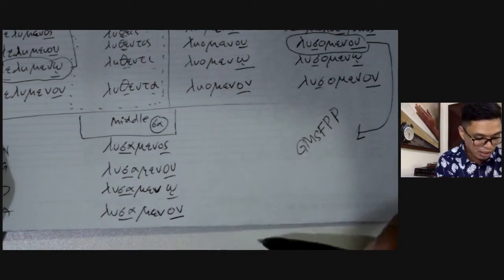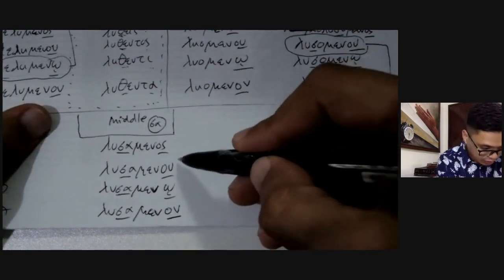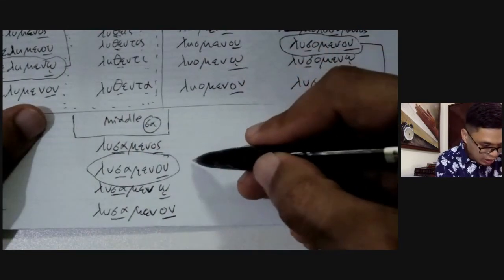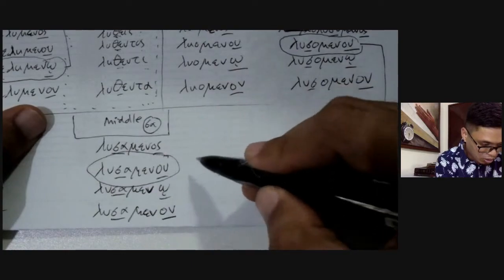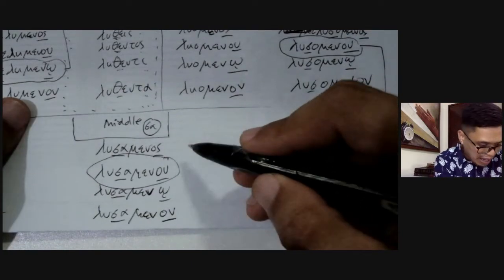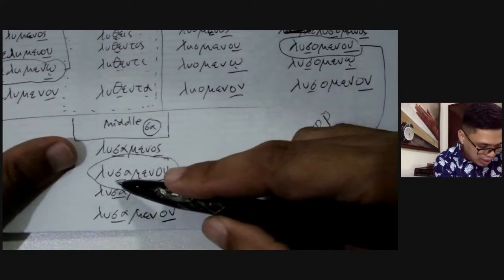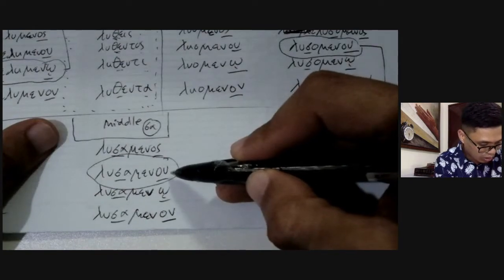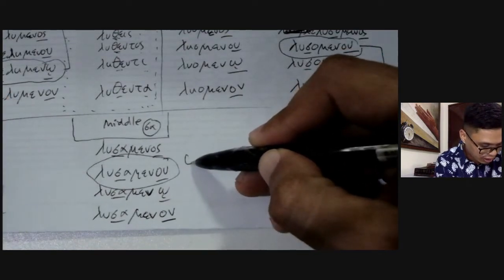So I'm going to parse one. Okay, let's parse this one here. Lusamenu, you know it's men, so it's either passive or middle. But then you see the sa. Okay, so this is aorist. So let's look at the ending first. U, os, u, on. U, that is very good.